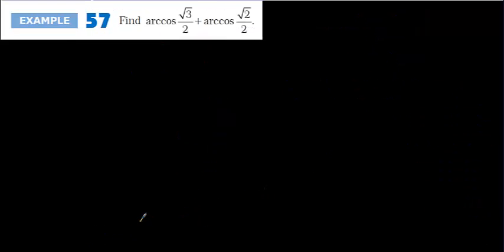Okay. Here we have arc cosine examples. Arc cosine root 3 over 2. If it's equal to alpha, this implies that cosine alpha is equal to root 3 over 2. For which angle is cosine alpha root 3 over 2? We know that cosine 30 is equal to root 3 over 2.